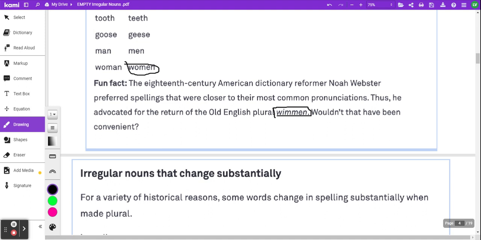So, se escribía wimmen para ser plural, porque venía del inglés más antiguo, como ustedes tienen el español de la madre patria, right? Nosotros tenemos inglés de la madre patria, so es diferente, it's different. Ya no se usa, we don't use it. Pero ahí viene la palabra women, pero nosotros, para usar esta regla de cambiando los vocales, we just change the vowel. Pero es interesante porque no se pronuncia women, se pronuncia women. Y aquí está escrito como antes estaba escrito, how it used to be written. W-I-M-M-E-N, wimmen.